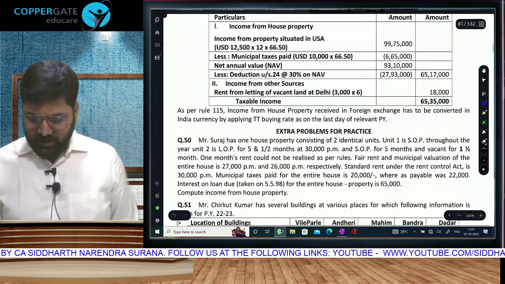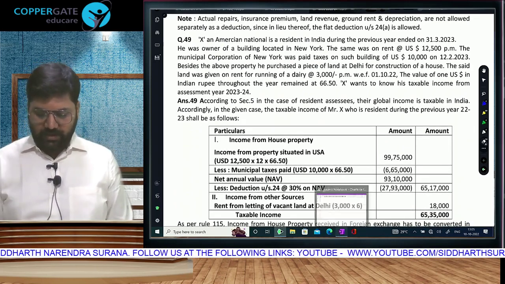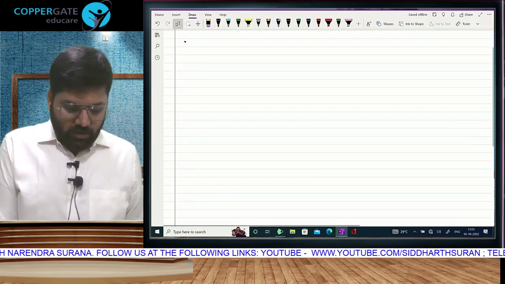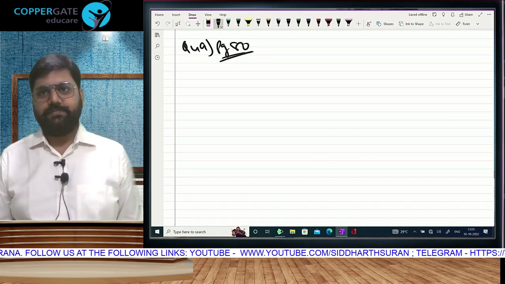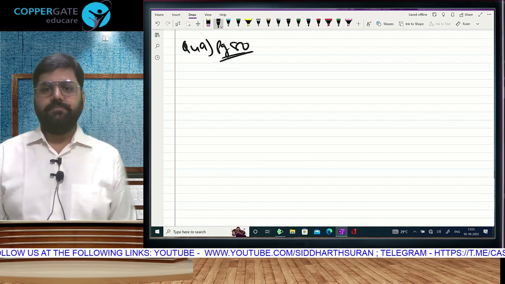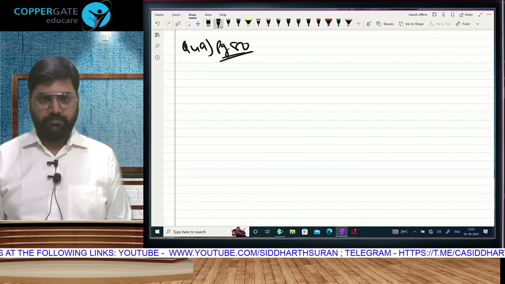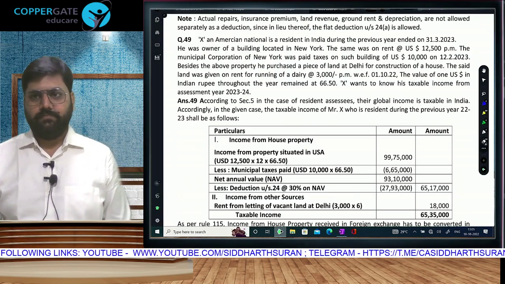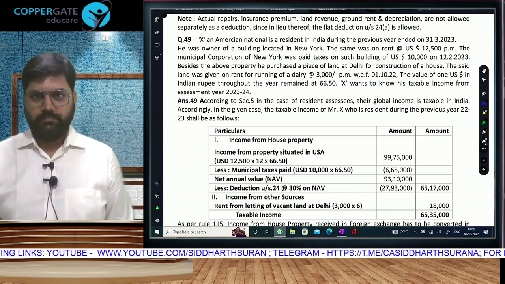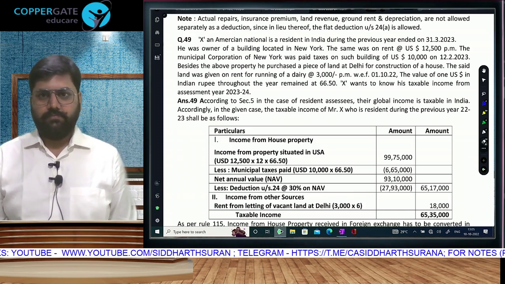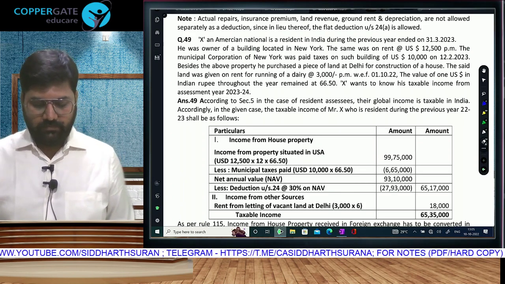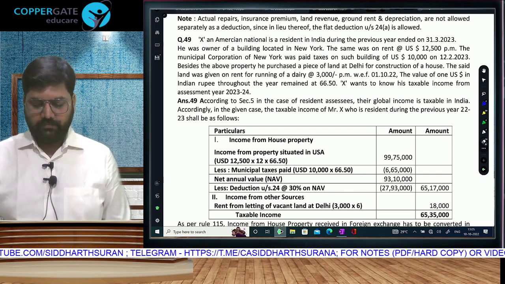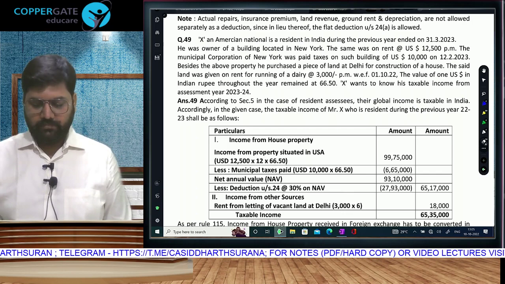This is page number 80, question number 49. X, an American national, is a resident in India during the previous year ended on 31st March 2023. He was the owner of a building located in New York. The same was on rent at US dollars 12,500 per month.